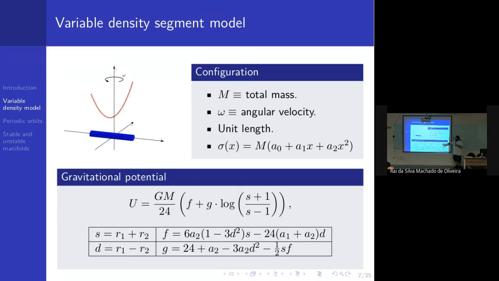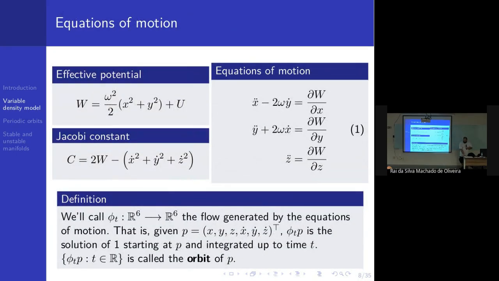But this is the gravitational potential of a static asteroid. We have said that our asteroid is going to be rotating. So if we put a rotating frame of reference such that the origin is the center of mass of the asteroid, and the asteroid is aligned with the x-axis, we obtain this effective potential, which is more or less the same as the restricted three-body problem, right?